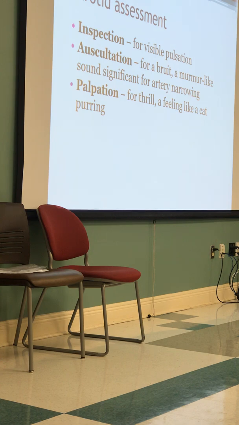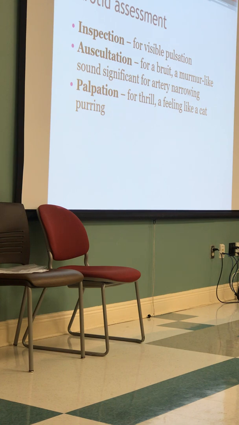Carotid assessment. How do we assess the carotid pulse? We're going to inspect, auscultate. Remember, a bruit, when you're listening to a vessel, is turbulence, and it's synonymous with a murmur.